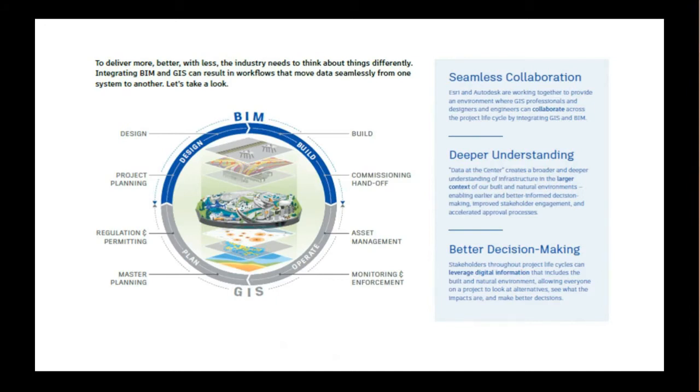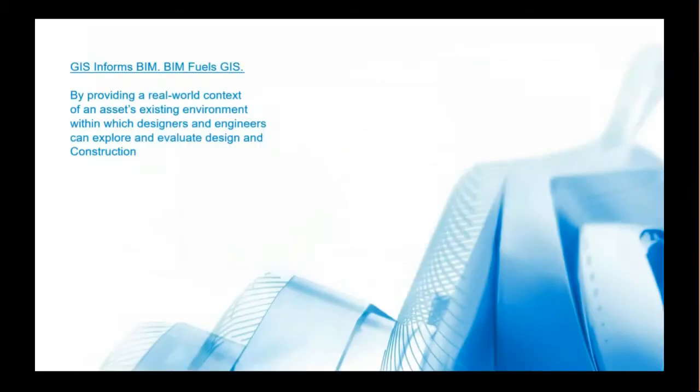Seamless collaboration, deeper understanding of data, and then better decision making by stakeholders. Ultimately, GIS informs BIM, BIM informs GIS. Within this real-world context, existing assets are accessible to engineers, designers, and construction.